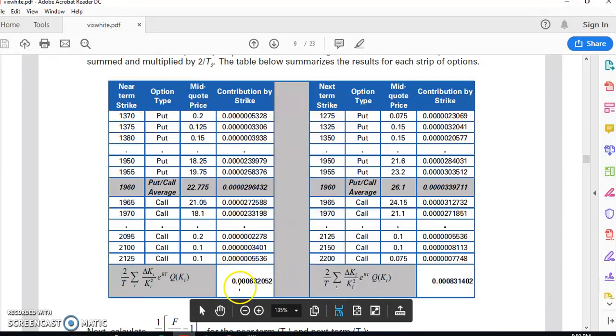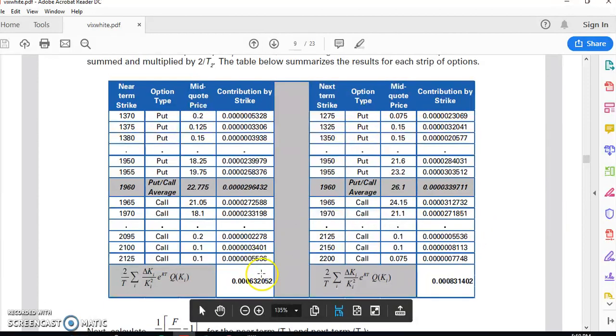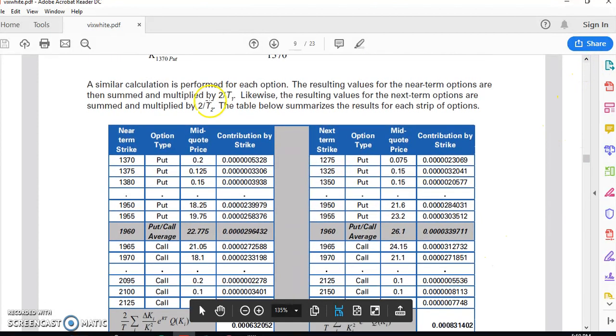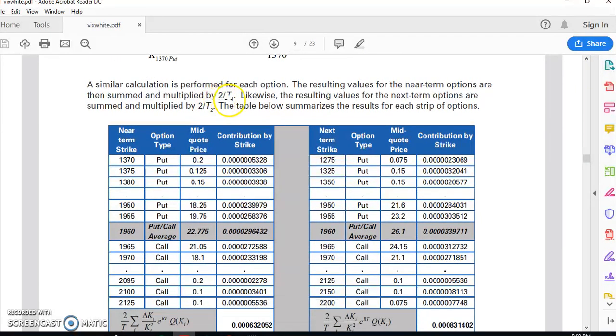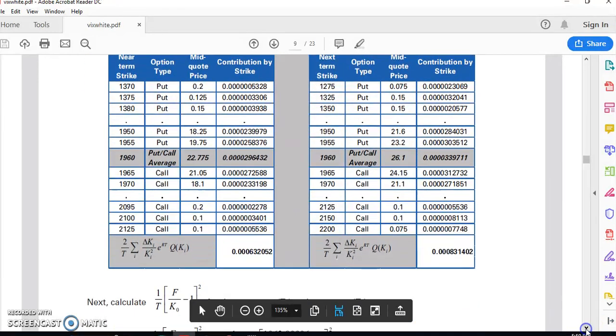We took the summation, we got 0.000632, and then in turn, importantly, in the estimation, we had to multiply this figure by 2 divided by T1.